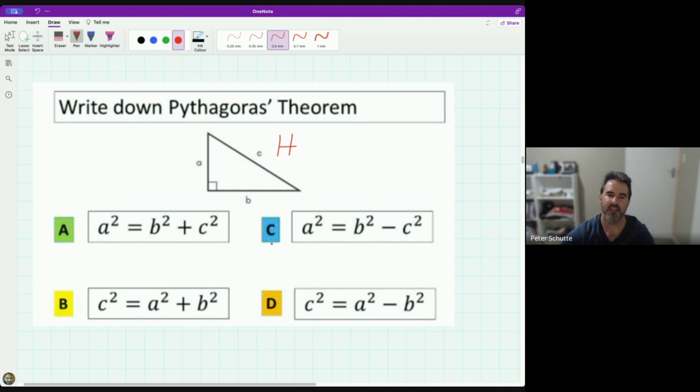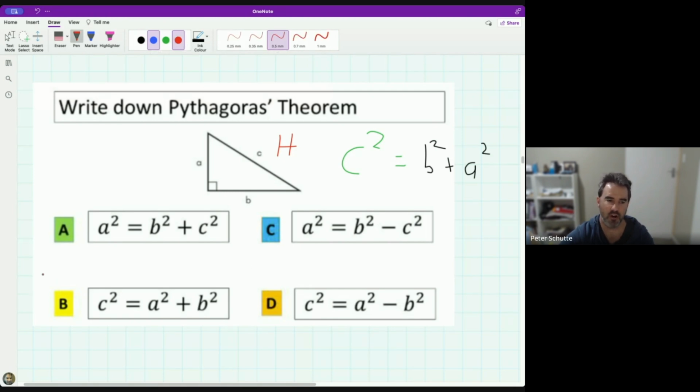I like it. The most important thing is seeing the side opposite the right angle and knowing that that's squared is equal to the other two sides squared. So that would be b squared plus c squared. Sorry, b squared plus a squared. I had a moment. B squared plus a squared. So is there an option that looks like that? Well, a squared plus b squared is the same as b squared plus a squared.